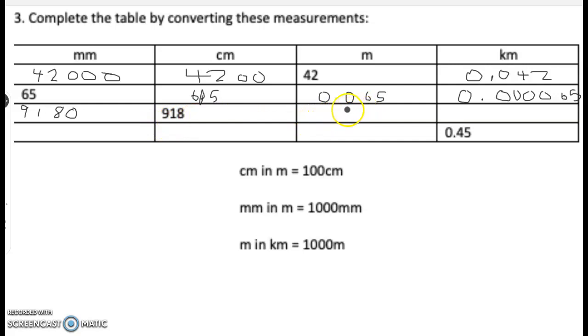For meters, it's 9.18. And for kilometers it is 0.00, 2 zeros after the decimal point, 9.8.